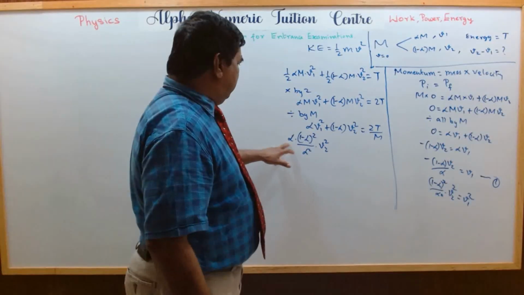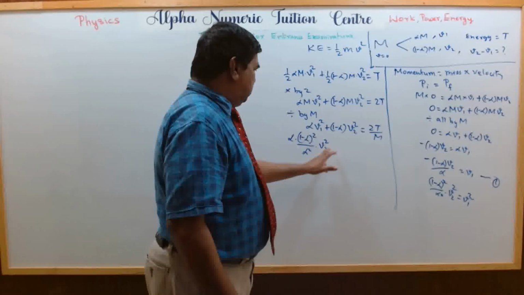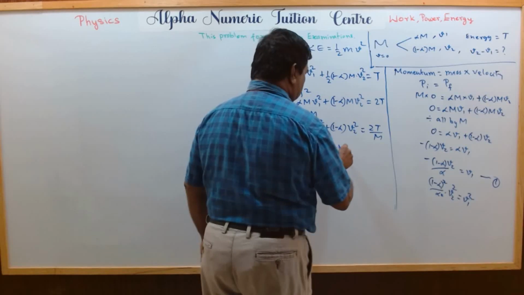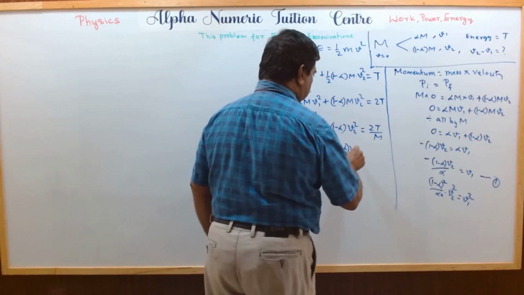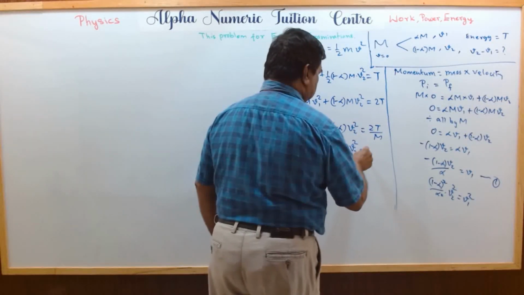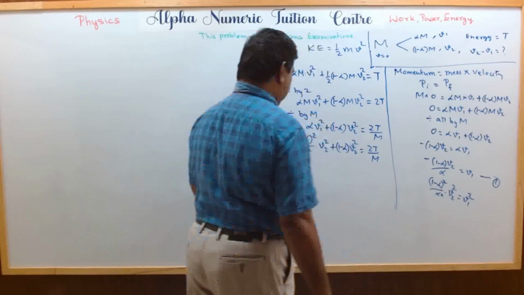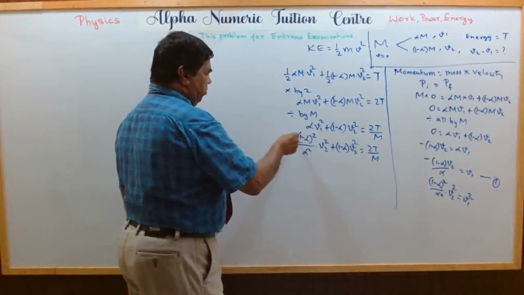So alpha into v1 squared, this total is v1 squared, plus 1 minus alpha v2 squared is equal to 2T by M.